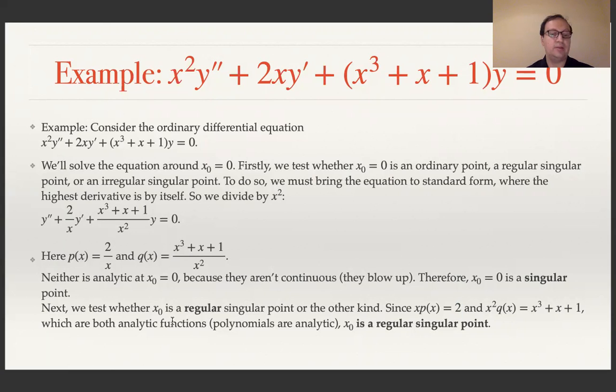So this means that x0 is a regular singular point, and we can use the Frobenius method to solve the equation for some initial condition at 0.